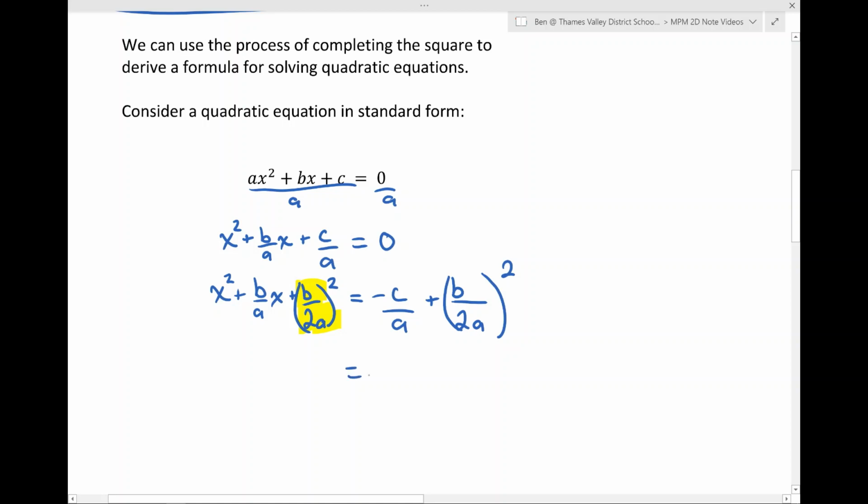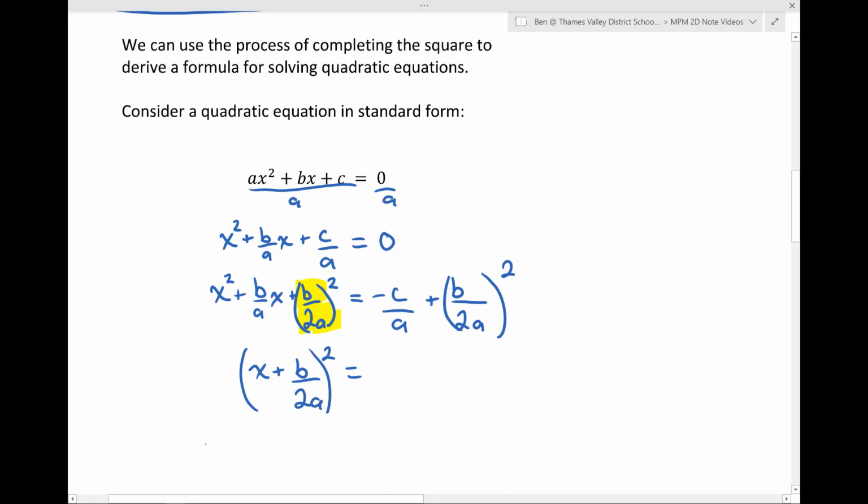Fantastic. Now from here, we can factor this perfect square, and factoring this perfect square leaves me with x plus b over 2a all squared. There's my left-hand side, and you can see how we're manipulating it in a way so that we can isolate for this x at the end.